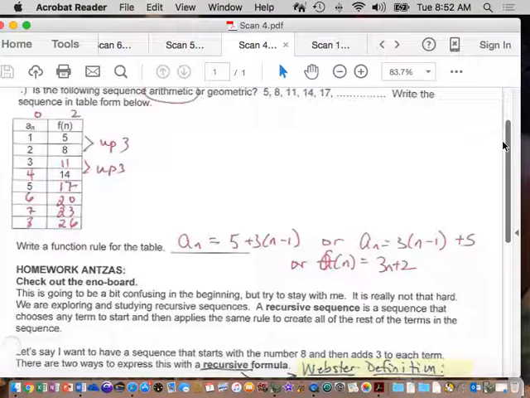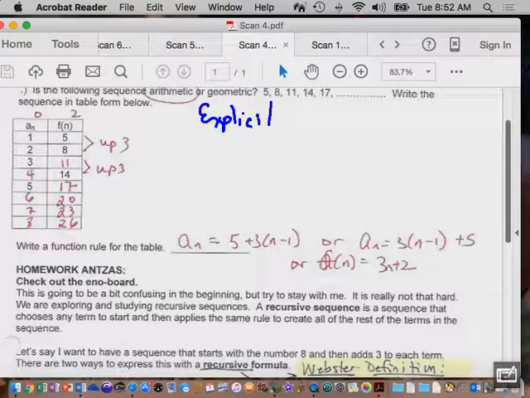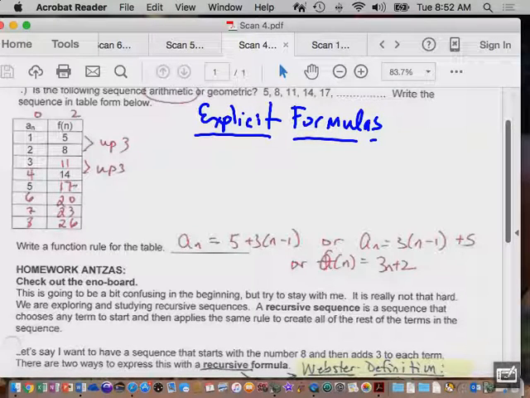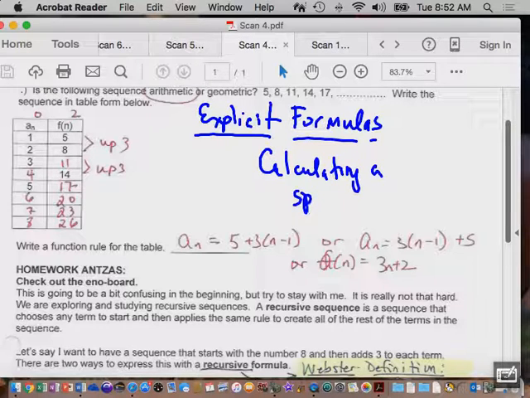Write a function rule for the table. Now, we talked about yesterday types of formulas that we call explicit formulas. I didn't even define this term for you yesterday because we didn't need to, but today we do. An explicit formula is really, really good for calculating a specific term.